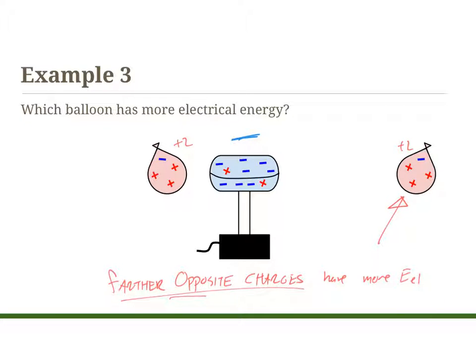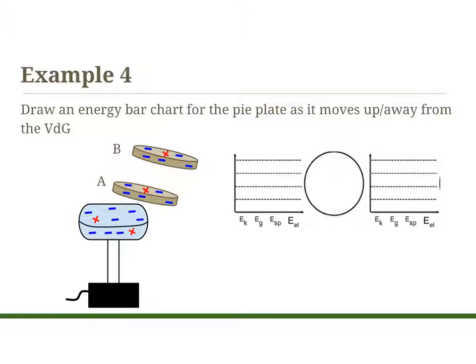Okay. And then lastly, example 4, in which you are supposed to draw an energy bar chart for the pie plate as it moves up and away from the Van de Graaff generator. This is the pie plate at position A. This is the pie plate at position B. At position A, it appears that the pie plate only has electrical energy.